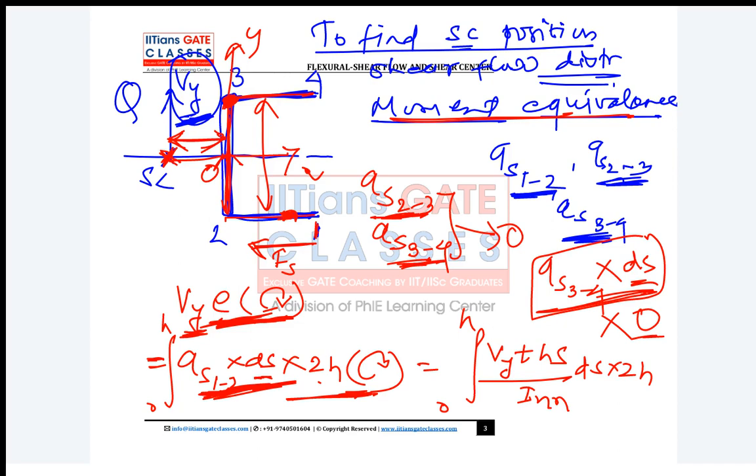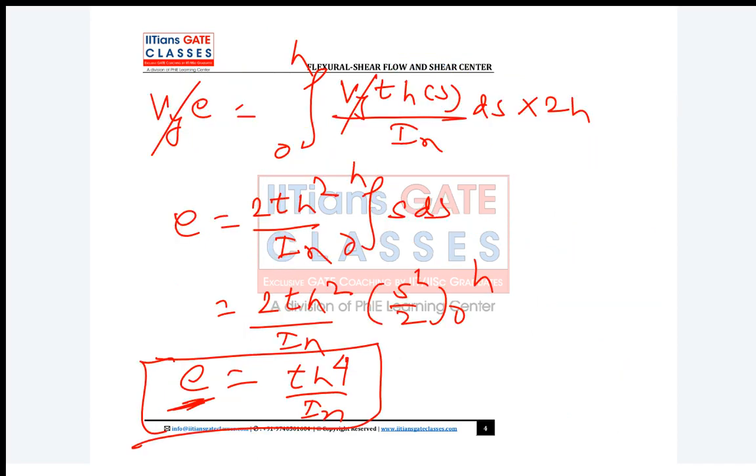Tell me what is going to happen then. Will this e be positive or negative in this case? If this is your coordinate and this is the origin, what is this e value, positive or negative? It's negative. So in that case your x will be minus th power 4 upon Ixx. Clear?